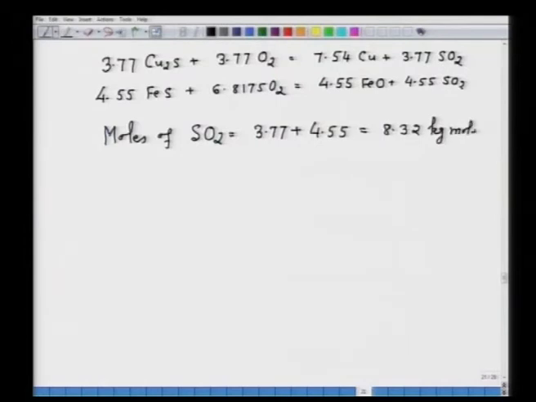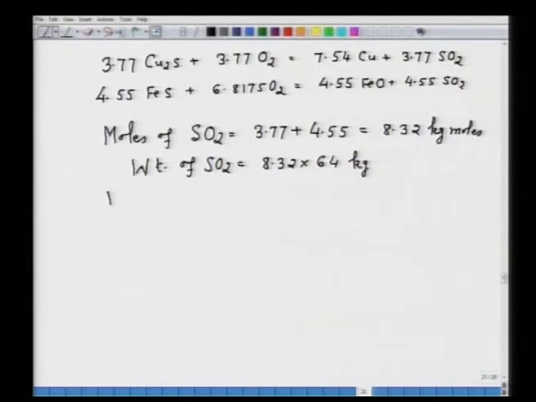Now, from here onwards you can calculate anything. You can also calculate the weight of SO2. If you are interested in the weight of SO2 in kilogram, what you have to do? You have to multiply 8.32 into the molecular weight of SO2, which is how much? 32 plus 32, 64. So, that will be the weight of SO2 in kg.